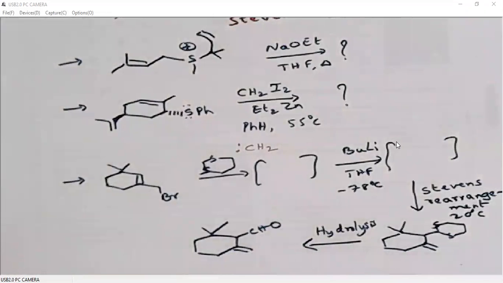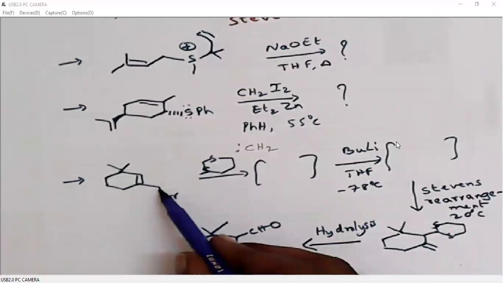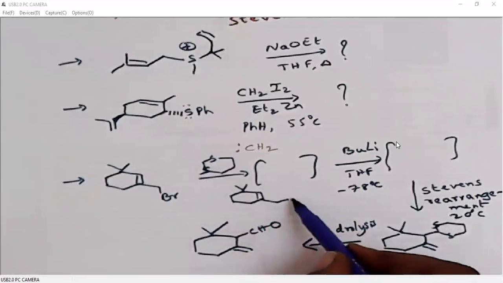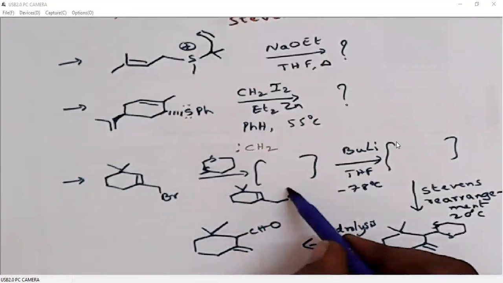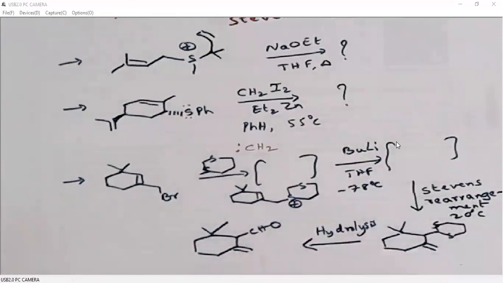Right. I'll quickly try to explain the things here. Sulfur will undergo nucleophilic substitution, so bromide will be leaving. What we are getting is sulfur. This is the product. Of course, sulfur will get positive charge if it is having 3 bonds. Then under basic conditions, we are going to generate the negative charge here.